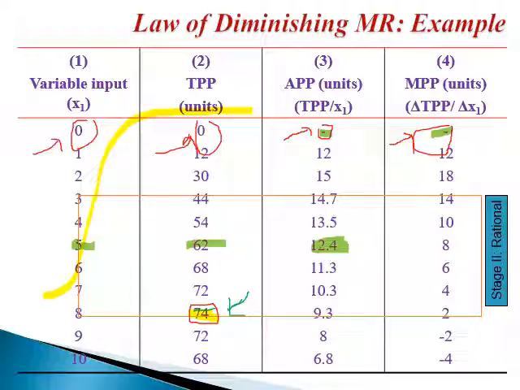Remember, if you multiply 12.4 by 5, you will get 62. So if you divide 62 by 5, the average contribution of the single unit of the variable input is 12.4 units. And remember the units of measurement here: if this one is in tons, then this one is in tons, and this one is in tons as well.